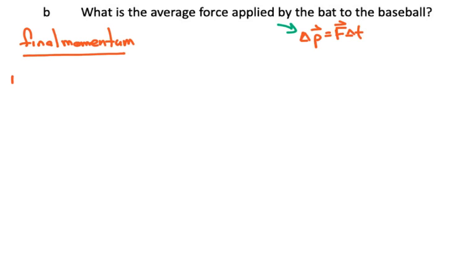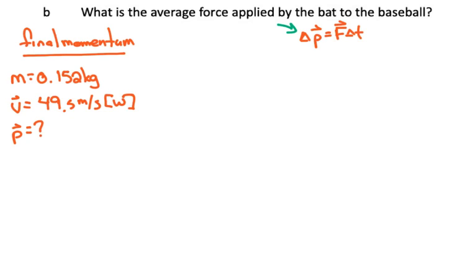So for final momentum, the mass hasn't changed, still 0.152 kilograms. The velocity of this ball now is 49.5 meters per second, but it is west. And we don't know the momentum at this point.